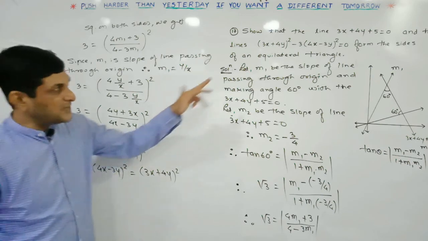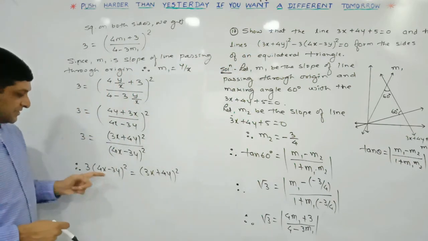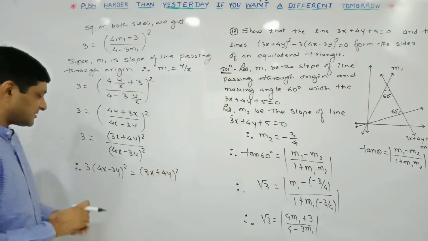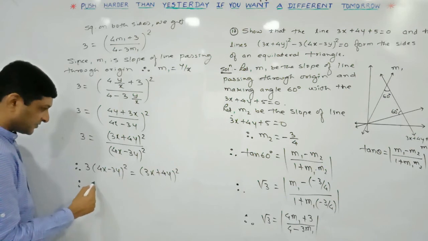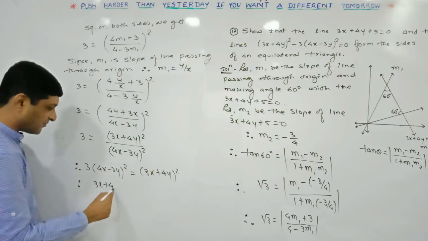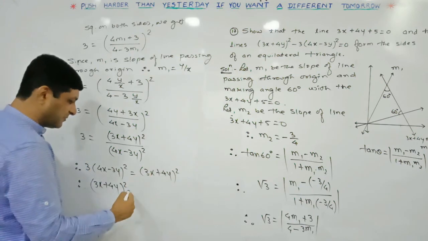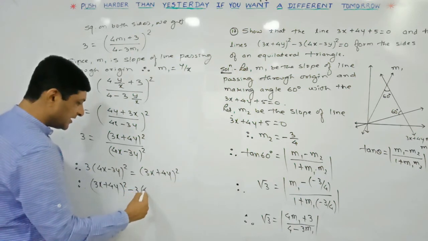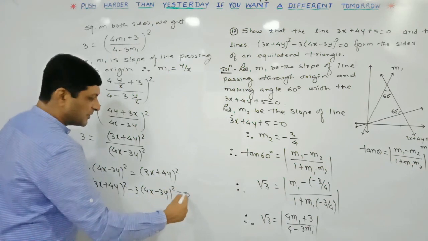Let us try to convert this equation into this form. Check that we have got the same term. Just simply take this term on this side, it will become minus. So therefore (3x + 4y) whole bracket squared, keep it as it is. This term on this side will become minus 3 into (4x minus 3y) whole bracket squared is equal to 0.